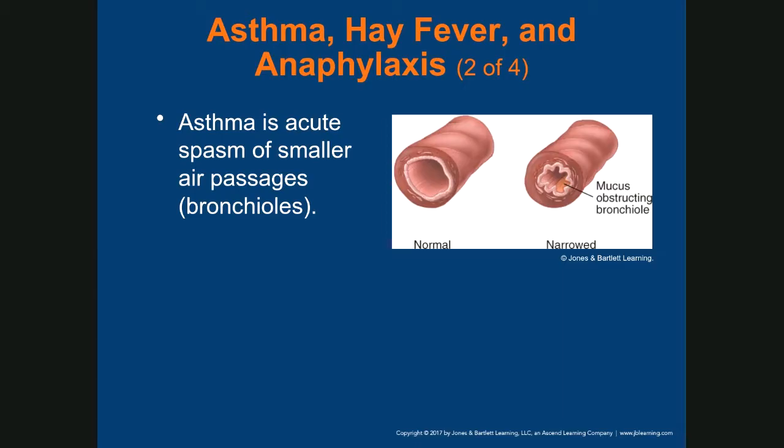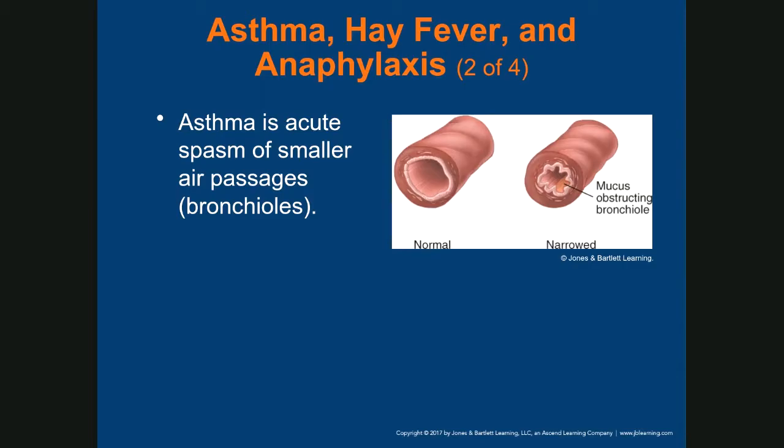also referred to as a reactive airway disease, and the system that is really at work here, so it's really the immune system, right? So asthma is acute spasm of smaller air passages, the bronchioles.